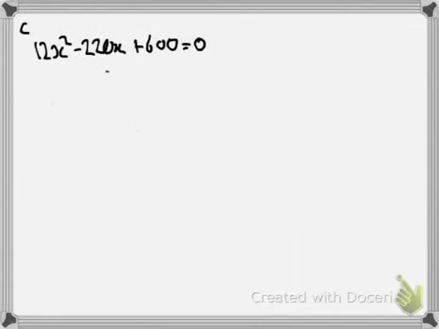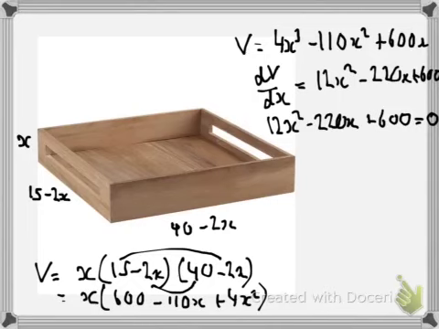If we solve this in our calculator, we get two solutions: x equals 10 on 3 or 15. Let's go back to our original diagram. If we substituted 15 in for x, let's look at this dimension, for example: 15 minus 2 times 15.